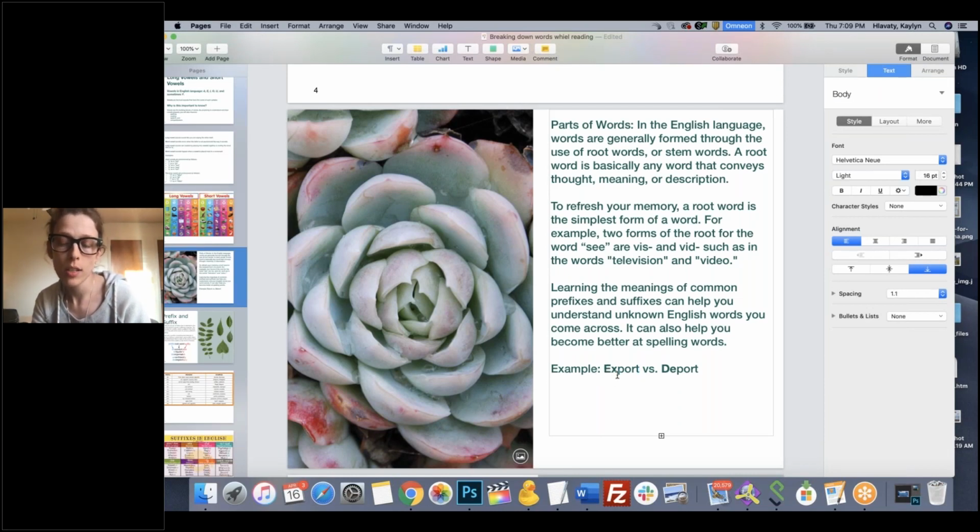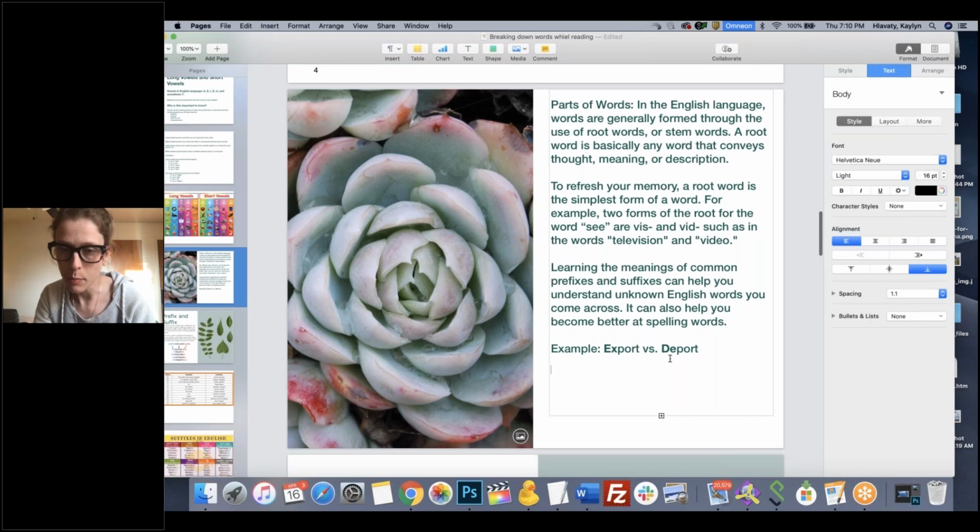So export means you are taking something and giving it away, like exporting a good from the dock, or exporting a file into your email address. It could mean send.